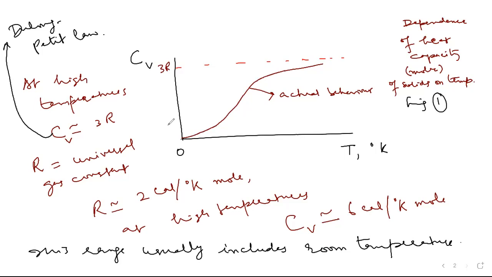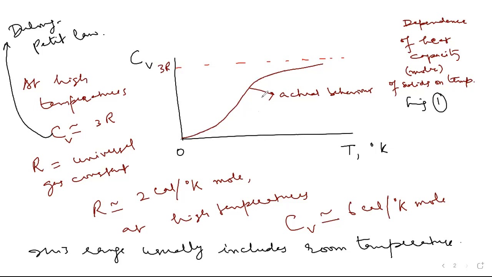Another observation, which we will be discussing in this lecture or a coming lecture, is that near absolute zero, CV is proportional to T cubed. In this zone near absolute zero, we will see experimentally CV is proportional to T cubed, right?